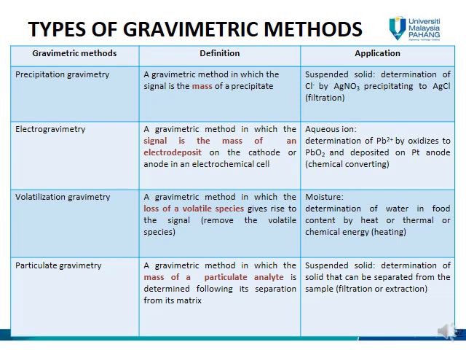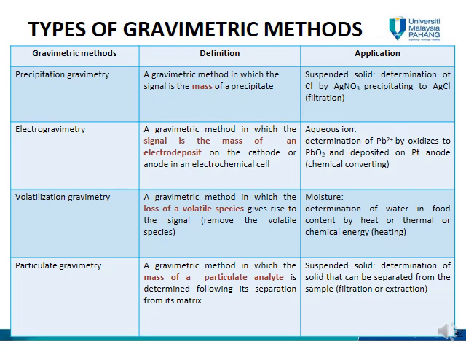Okay. The third one is volatilization gravimetry. So basically, this technique does require a signal such as a loss of a volatile species. So when we talk about volatilization, it means that we are talking about a volatile species.